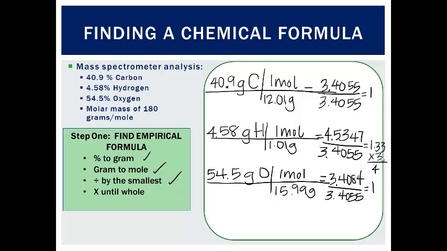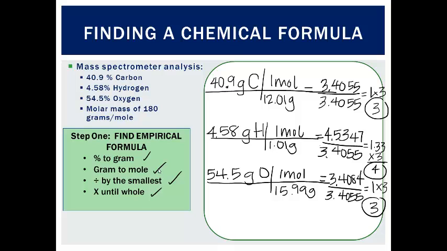Whatever I do to one of these, because I'm setting this up as a ratio, I have to do to all. So since I multiplied this number by 3, I multiply this one by 3. So I get a 3, a 4, and 1 times 3, I get another 3. These numbers become my subscripts.